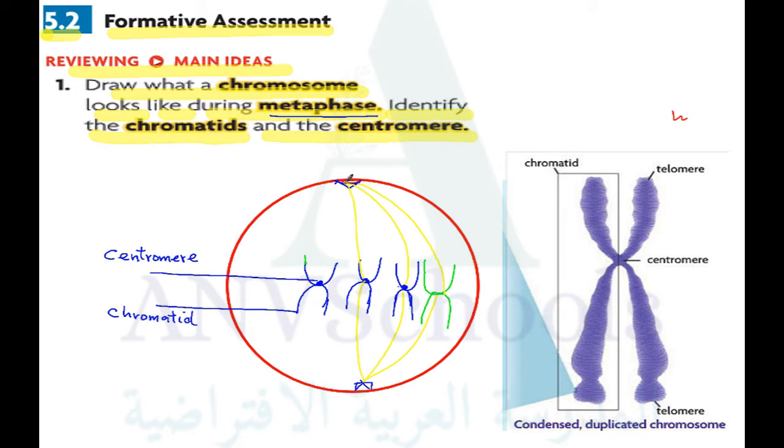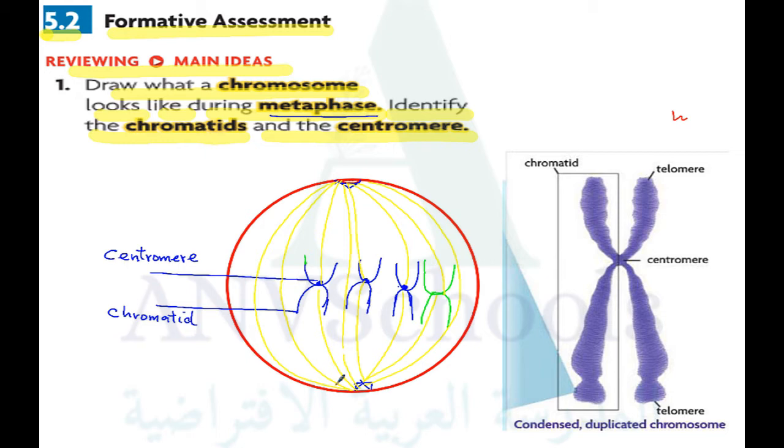We say the spindles will run through the cell cytoskeleton, so they will look something like this.